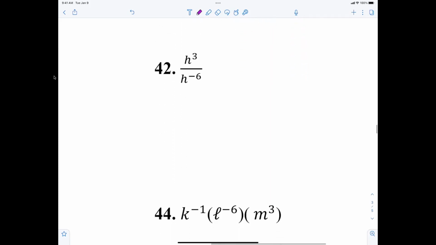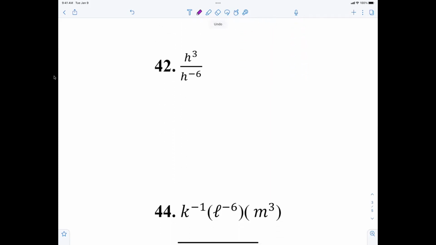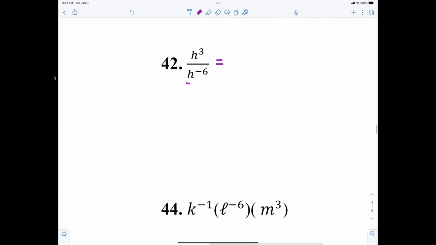Look at 42 for a second. h to the negative 6 needs to be moved up. So it'd be h cubed times h to the 6, which is h to the 9 over 1. Anybody have any questions with that being h to the 9th?